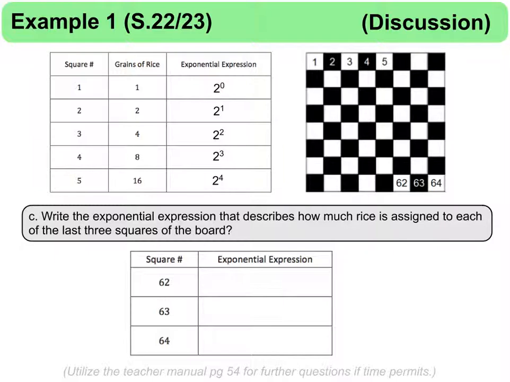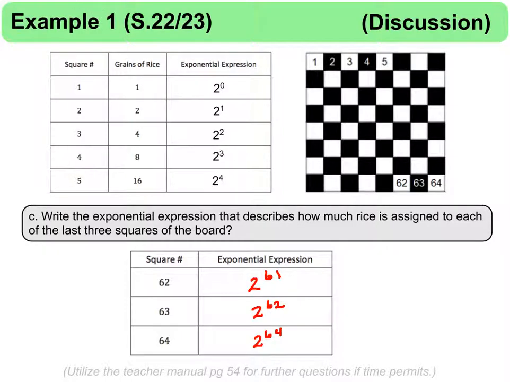And so the students are asked in part C to write the expressions for the squares of 62, 63, and then 64. So looking at the pattern and the experience discussed through the discussion, the students would come up with 2 to the 61st power, 2 to the 62nd power, and then 2 to the 63rd power.